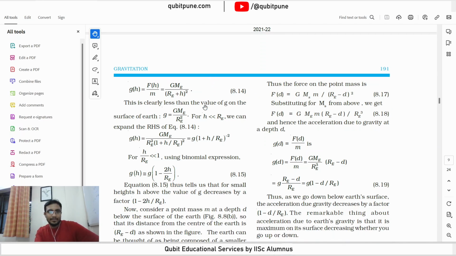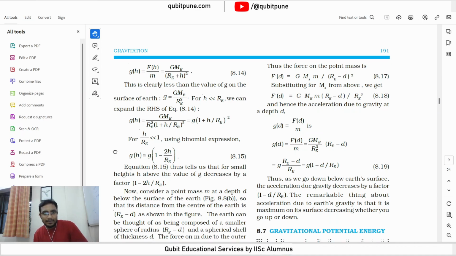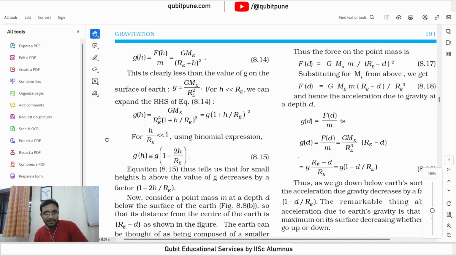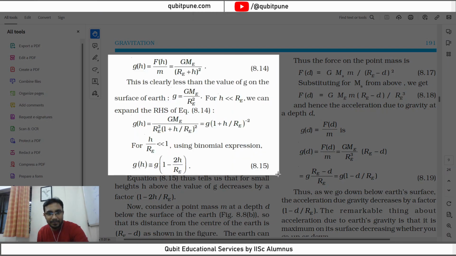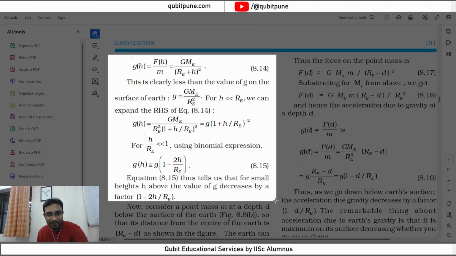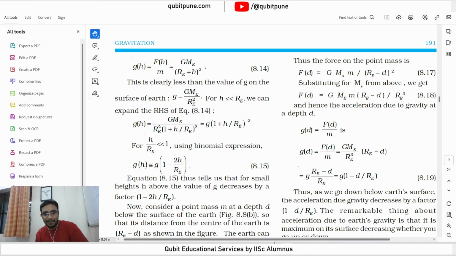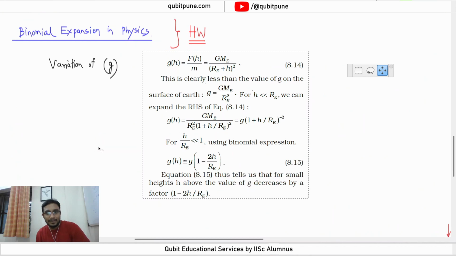Yeah, see, for h upon Re less than or equal to 1, using binomial expression. Okay, using binomial expression, right?